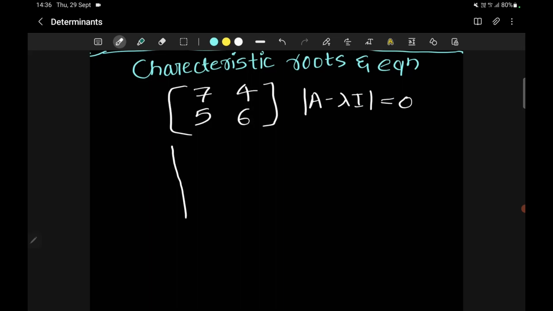What you have to do is, you have to take one determinant, and you have to subtract this term with lambda. That is 7 minus lambda, 4 will be as it is, and this term also will be as it is, and we have to subtract this term also with lambda. That is 6 minus lambda is equals to 0.